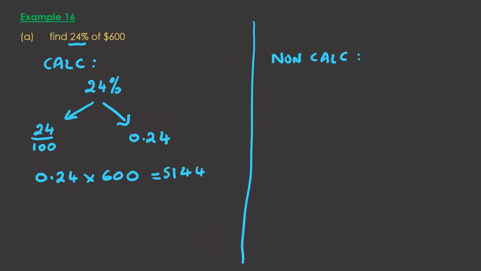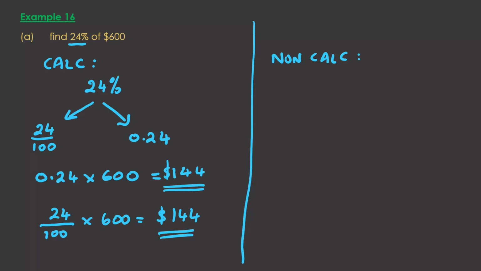And remember, that's in dollars. And you get the same result if you do 24 over 100 times 600. You'll find that that also is 144. You only need to do one of them, obviously.